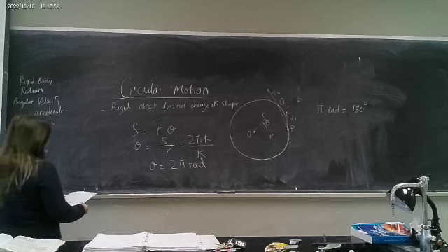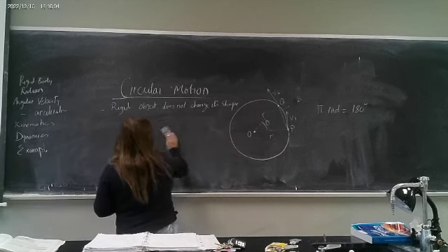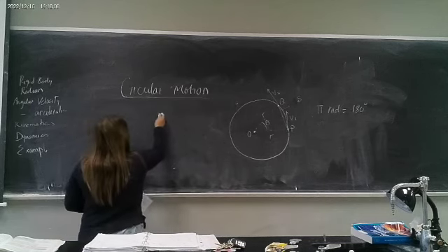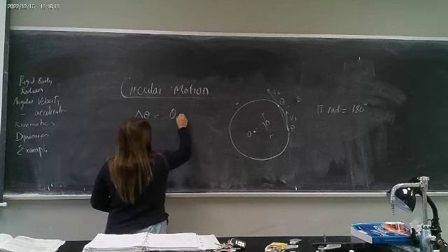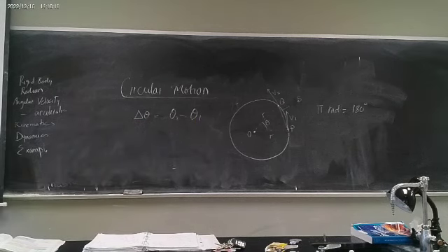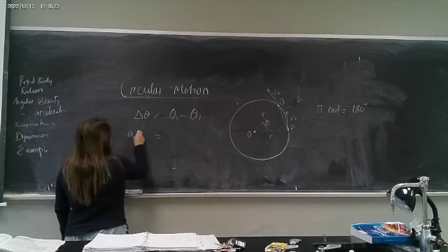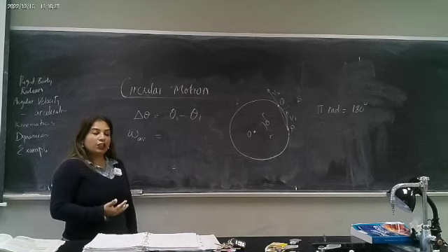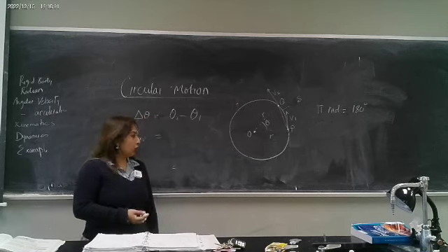Now, if the angle is changing, for example, the angle has gone from theta 1 to theta 2, final angle minus the initial angle, we can write the formula for omega average, because when the position changes, we have the linear velocity, average velocity.